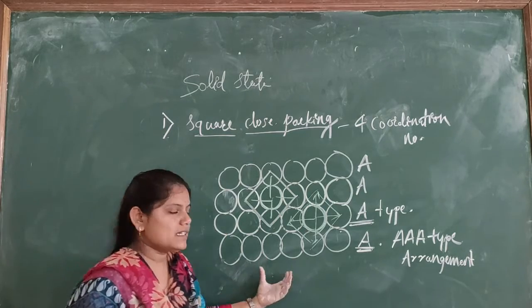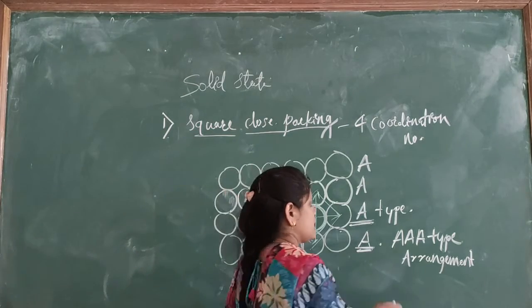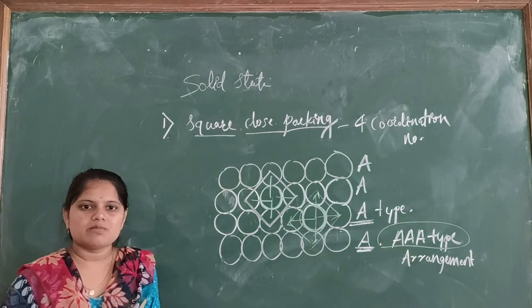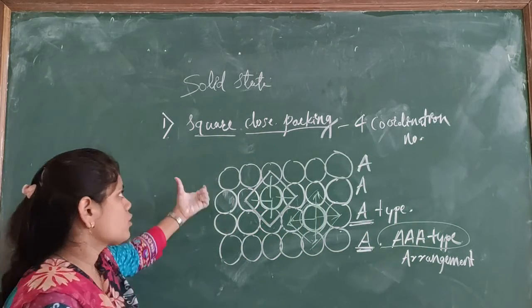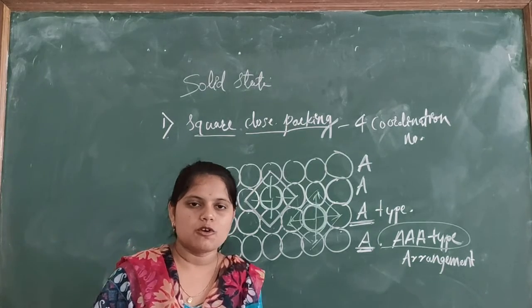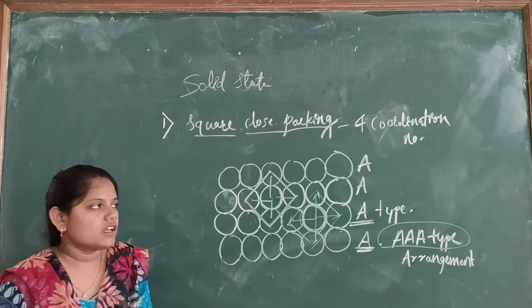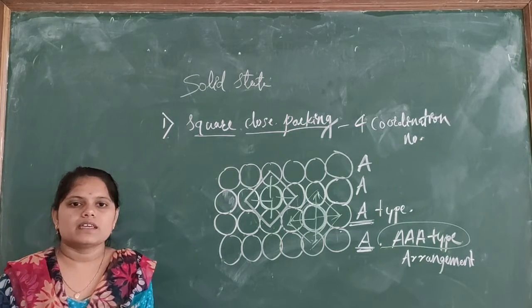We call this type of arrangement an AA type arrangement, AAA type of arrangement, and also a close packing arrangement. I hope you understand what is meant by close packing arrangement. Now that is a square close packing arrangement.